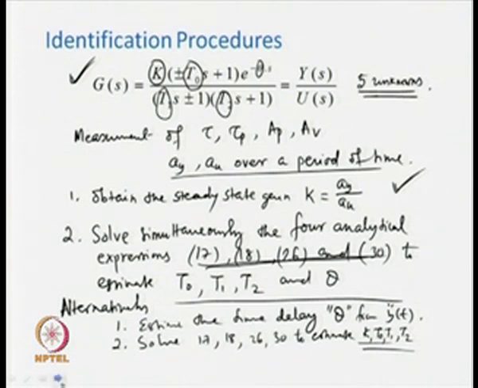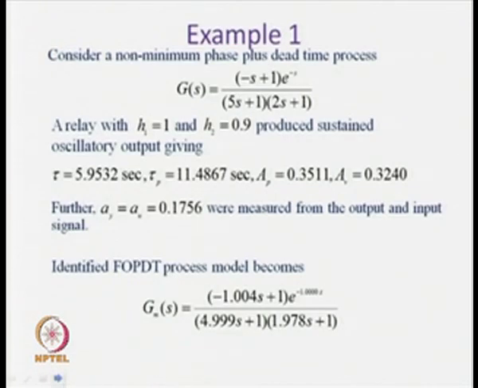Now, let us go to some simulation example. In simulation example 1, a non-minimum phase plus dead time process dynamics is considered, where G(s) is equal to (minus s plus 1) e to the power minus s upon (5 s plus 1)(2 s plus 1). That means, what are those values?